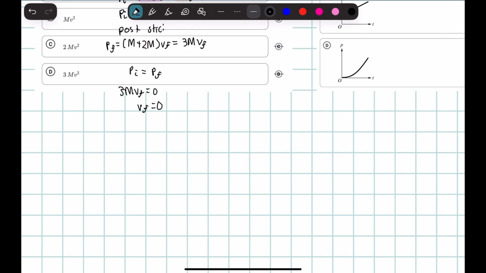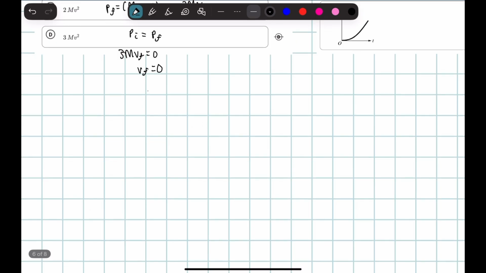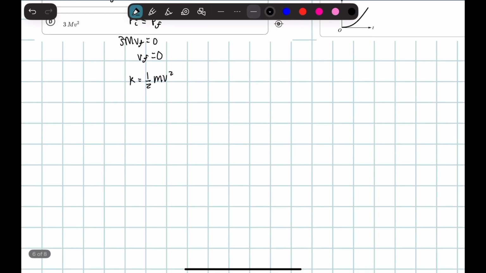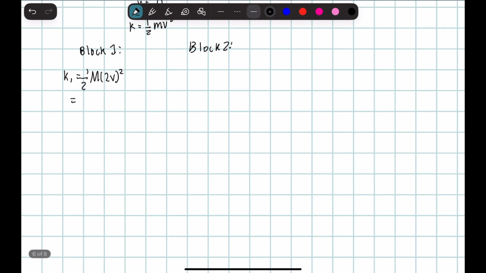So now we can compute the kinetic energy, right? We have K is equal to 1/2 mv squared. This is for block 1: k1 is equal to 1/2 m (2v) squared, which is 1/2 m 4v squared, which equals 2mv squared.